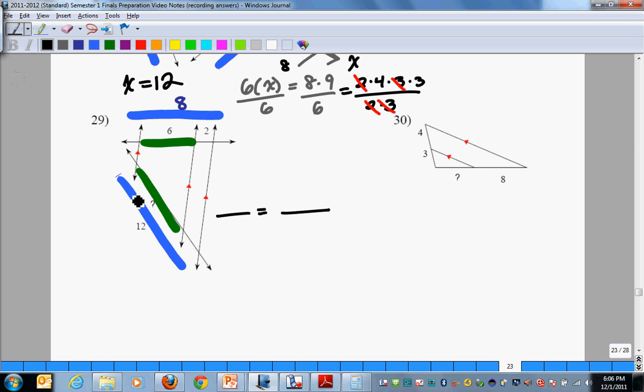So I'm going to go this way. There's more than one way to do this. We're going to go 12 over 8. Make use of arrows to keep consistent in which way you divide. Equals unknown over 6. Cross multiply. 12 times 6 equals 8x.